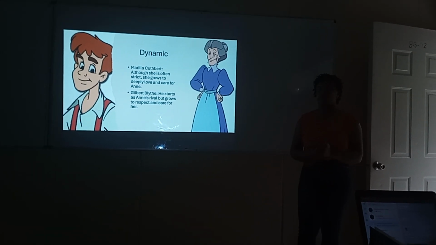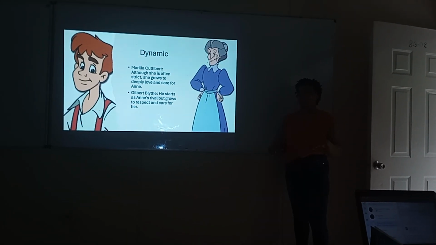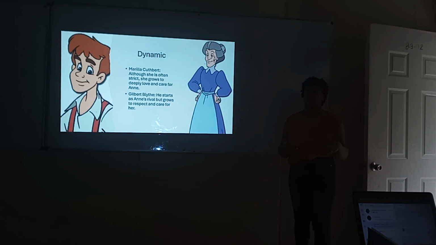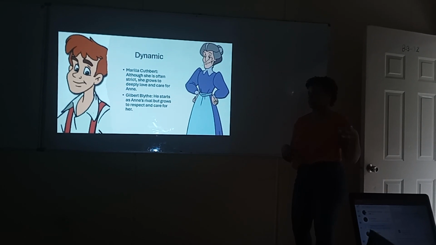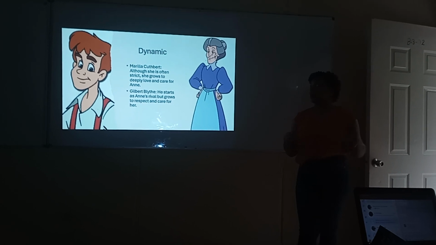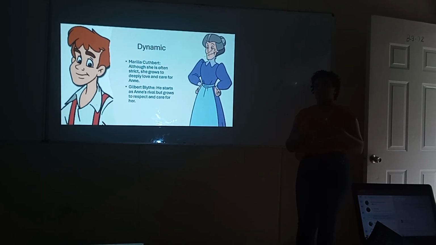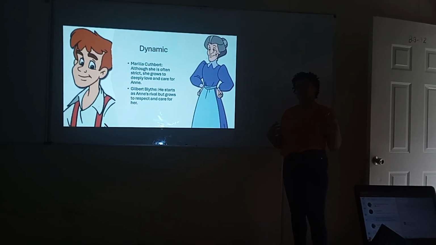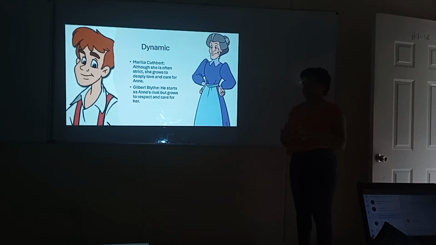Marilla Cuthbert, who at the beginning didn't want to keep Anne, she wanted to send her back to the place that she used to live. And she's strict, but later on she learns how to love and take care of her.